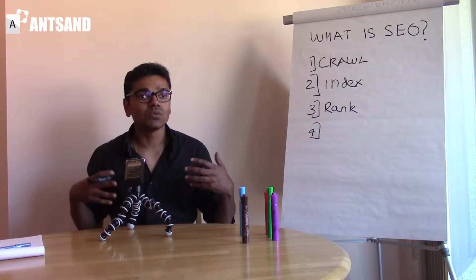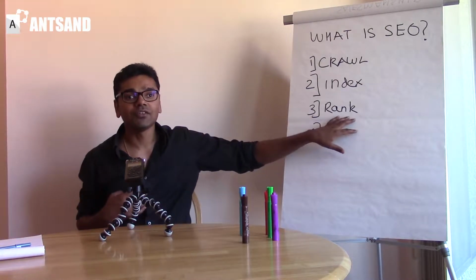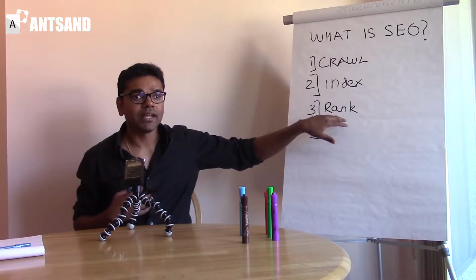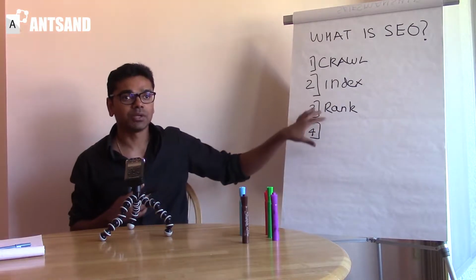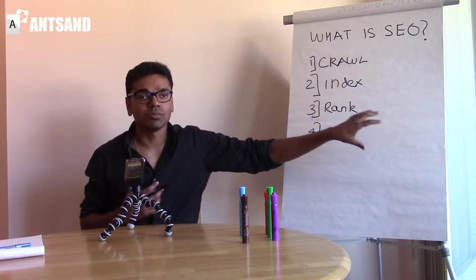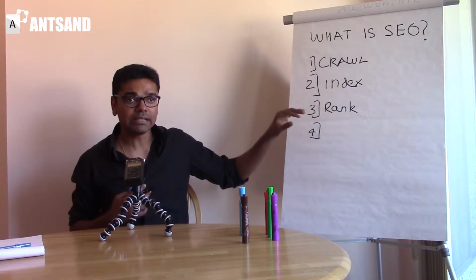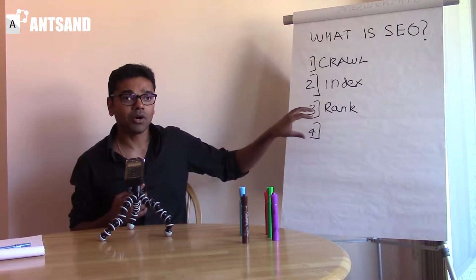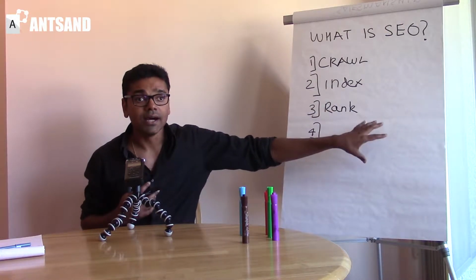At this stage, every search engine would need to have its own ranking factors, knowing that this particular website should rank for this particular keyword. If a user searches for this particular keyword, then this website should be ranked. And that's what the ranking part of a search engine does.